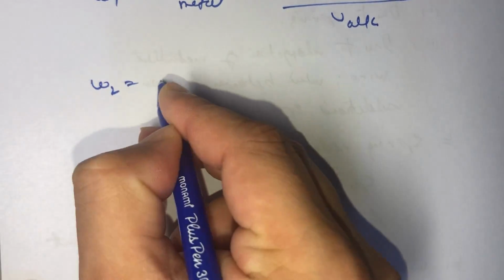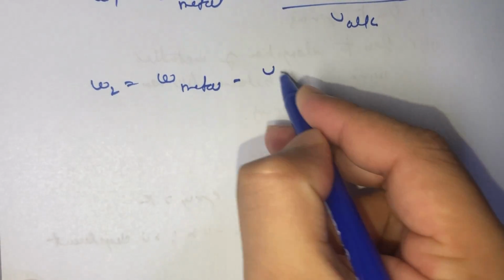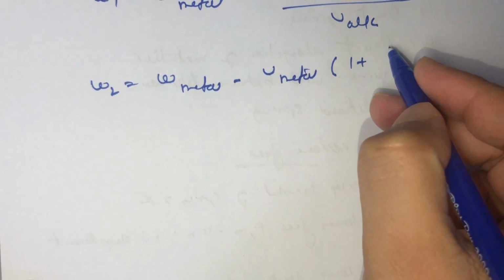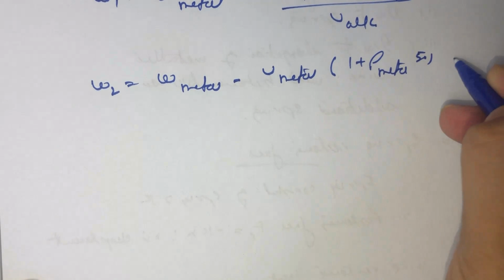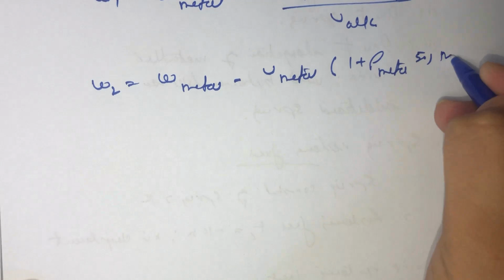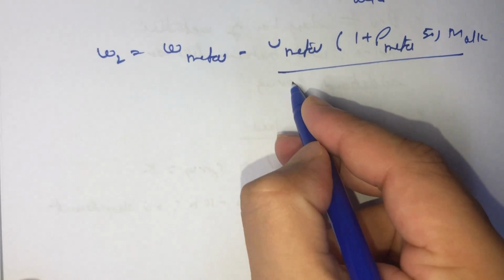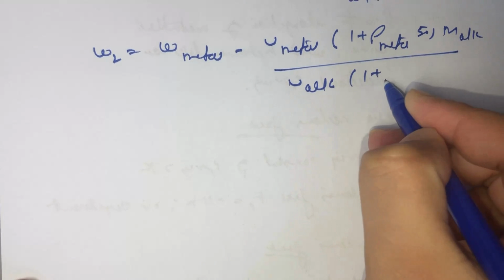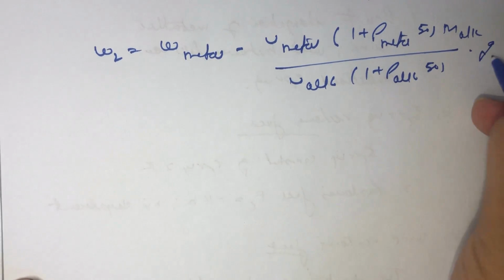And W2 we found out is equal to W metal minus V metal, and at a temperature of 50 degree centigrade, this will be rho metal at 50 multiplied by M alcohol divided by V alcohol, and this is 1 plus gamma alcohol, and once again 50, and multiply by G.